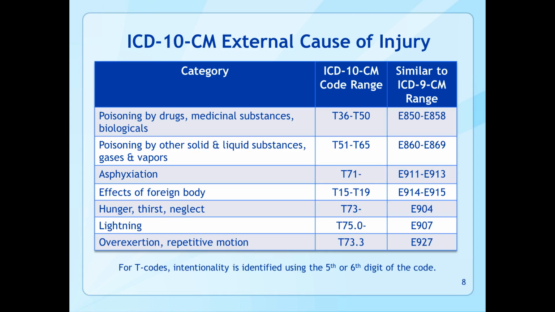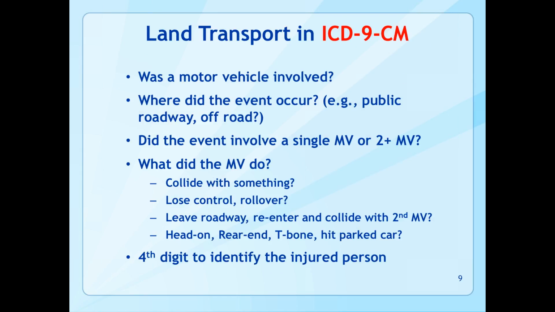And for those T codes where intentionality is important, the information about intentionality is captured in the 4th or 5th digit of the code. So even though in the previous 2 slides I divided the groups into unintentional and then intentional injuries, it's important to note that the T codes operate a little bit differently. The T codes I've shown here would be distributed throughout the previous 2 tables depending on the intentionality of the event. Next slide, please.